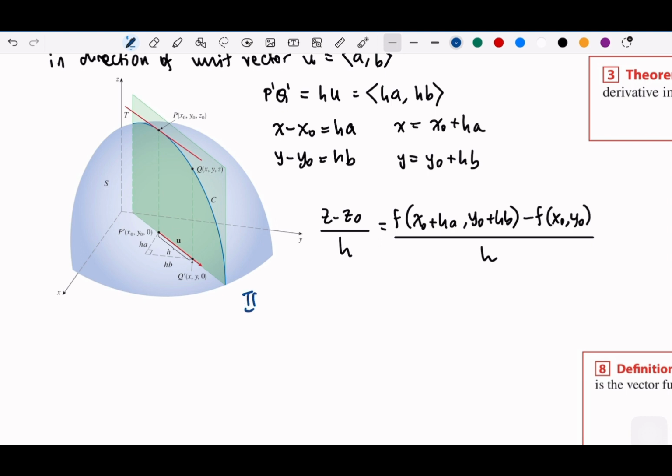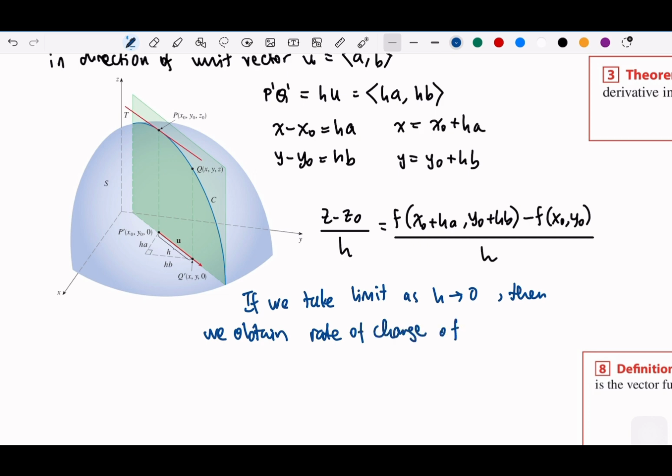So if we take a limit as h getting closer to 0, then we obtain the rate of change of z in the direction of u, which is called the directional derivative.